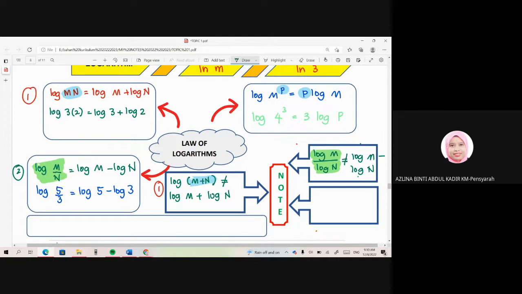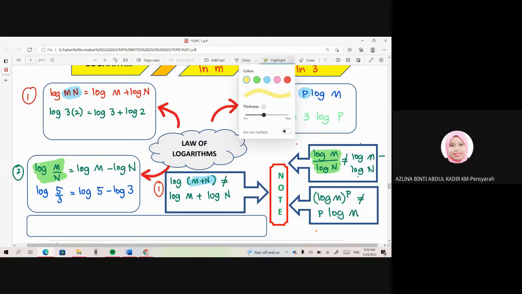Okay, then the last one is log m bracket power p. This one also does not equal p log m. You check power, that is p. Power p belongs to log m.